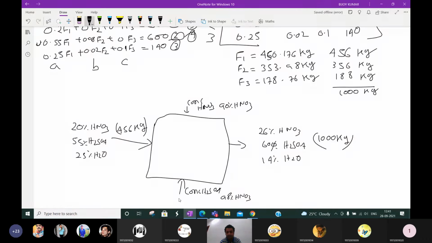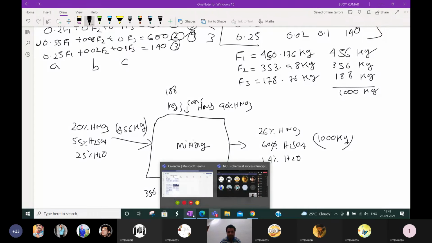Then what kg of concentrated HNO3 and what kg of concentrated H2SO4 do we have to add? That is 356 kg and this is 188 kg. This is the concept behind this numerical. When we mix these three things, we will get these things.